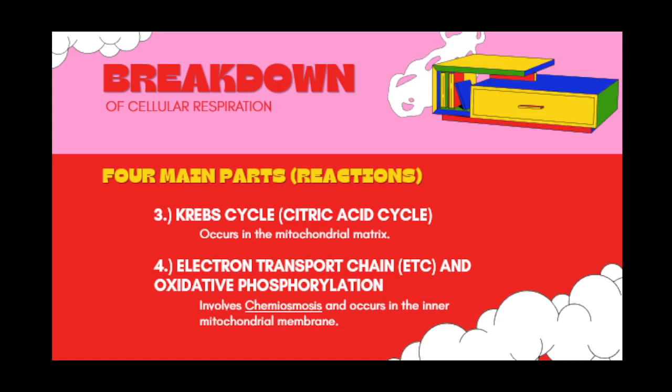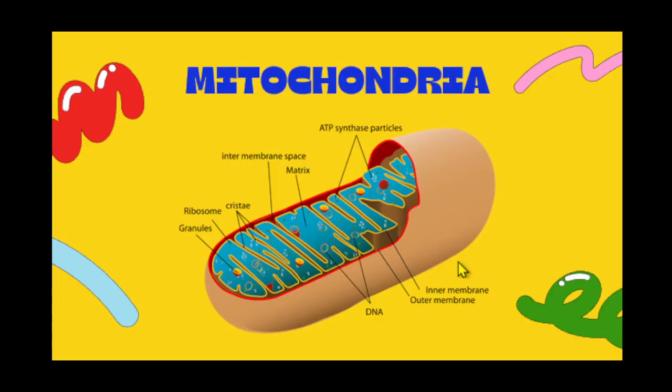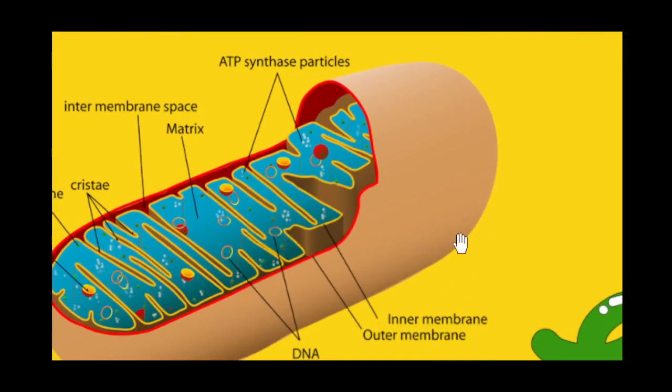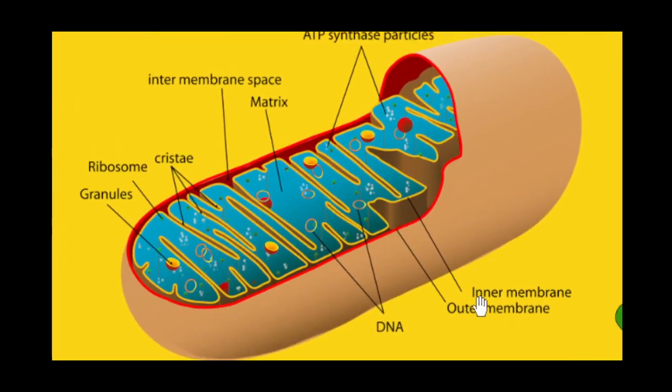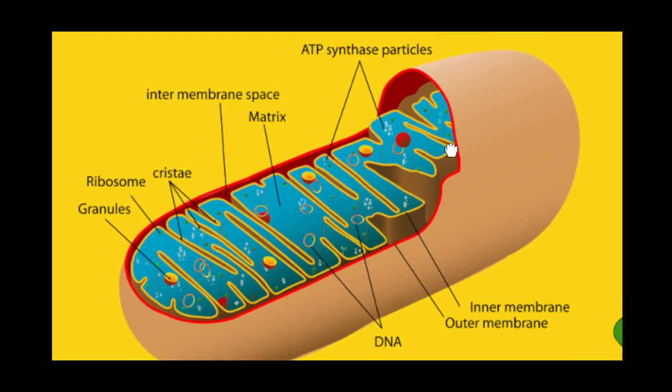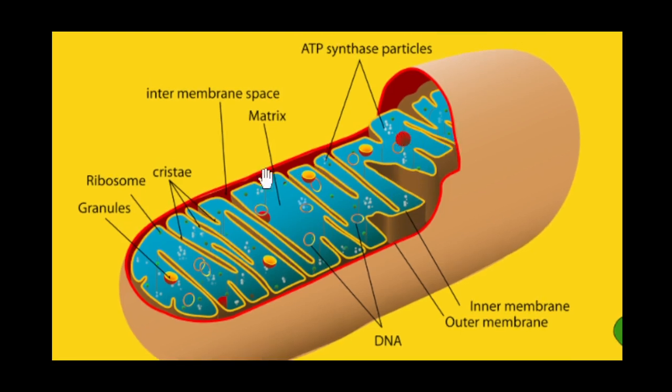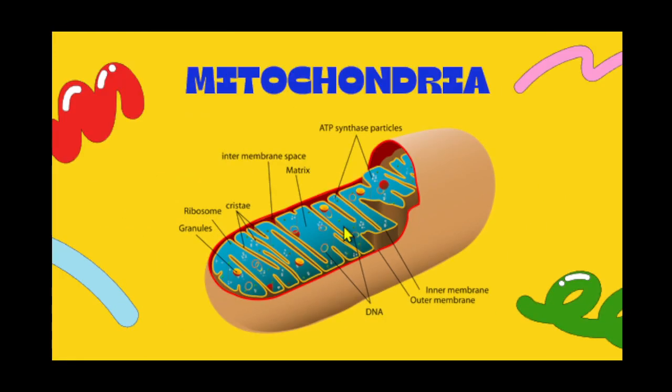So to refresh ourselves with this part, let's look at our mitochondria again. Okay, so you see over here, this is our inner membrane. Again, familiarize yourselves with the different parts of the mitochondria because all the reactions will take place in different parts.